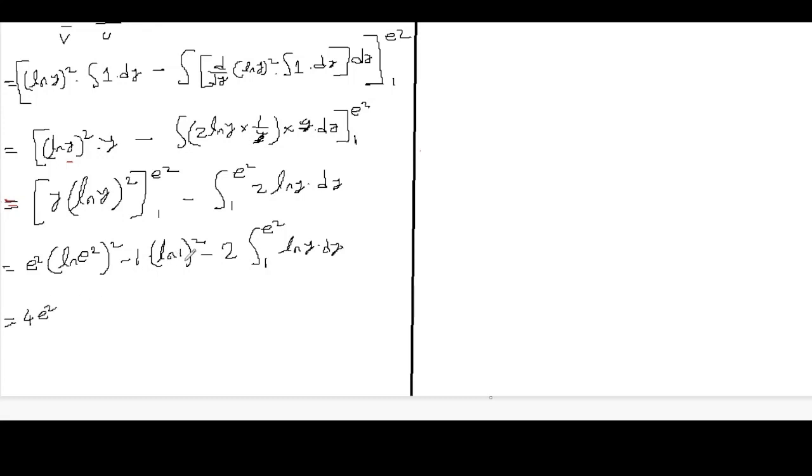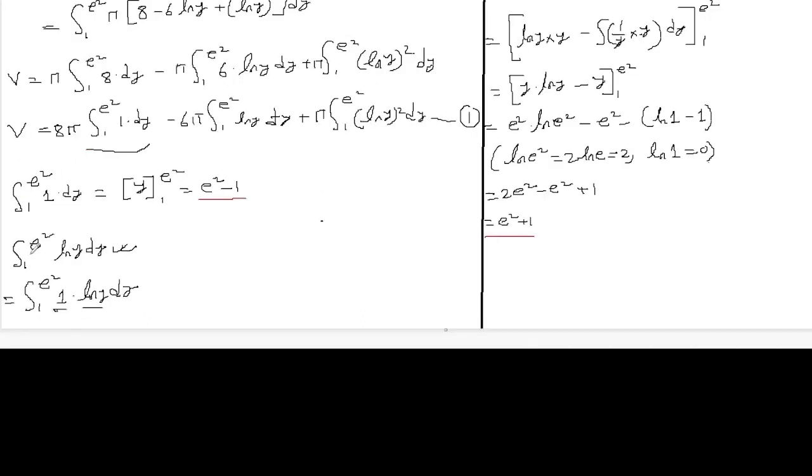Whereas if we look at this ln 1, we already found out it is 0. So this expression becomes 0 minus 2 into, from the previous part, we already found out the integral of 1 to e squared ln y dy is equal to e squared plus 1.